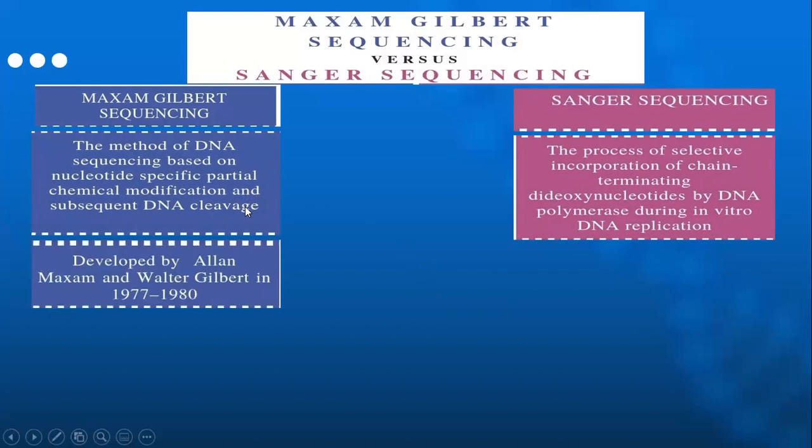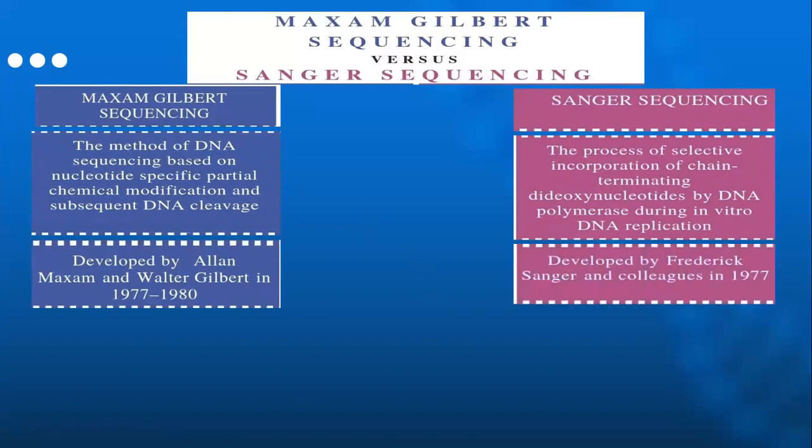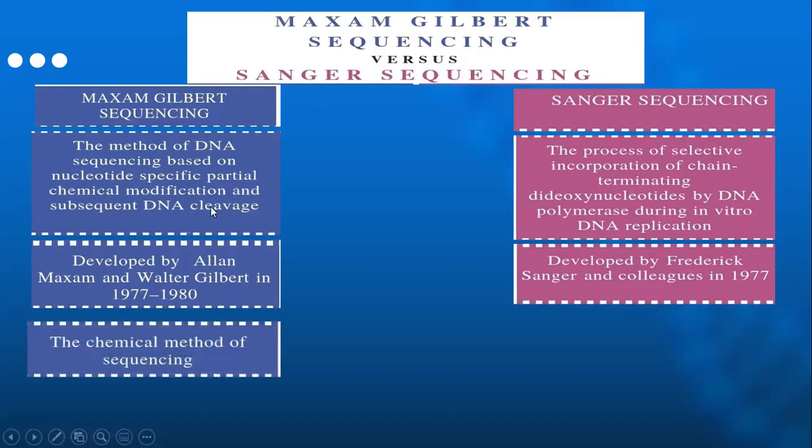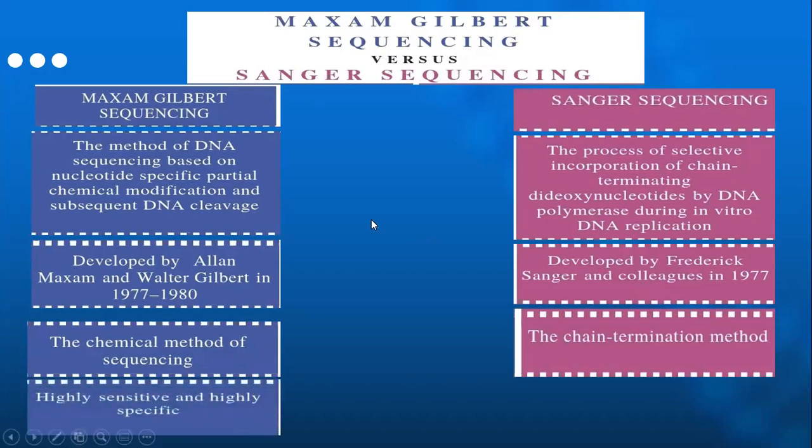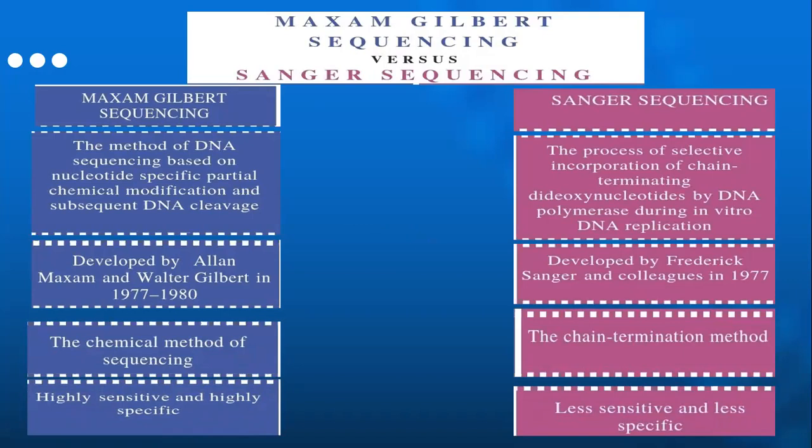The Maxam and Gilbert sequencing method was developed by Allan Maxam and Walter Gilbert in the year 1977 to 1980, whereas the Sanger sequencing method was developed by Frederick Sanger in the year 1977. And the Maxam and Gilbert sequencing technique is a chemical method of sequencing, whereas the Sanger sequencing technique is a chain termination method. Also the Maxam Gilbert sequencing technique is highly sensitive and highly specific, whereas the Sanger sequencing technique is less sensitive and less specific.